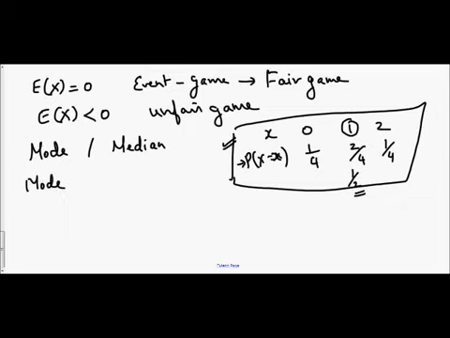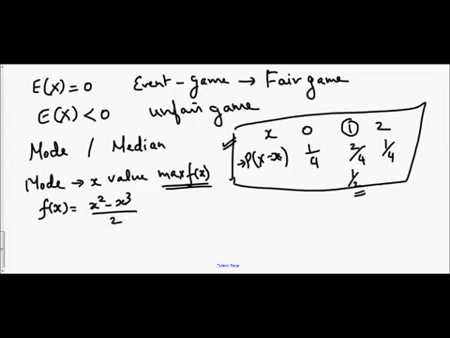In a continuous random variable, mode is the x value for the maximum value of f of x. If you find the maximum of f of x, then the corresponding x value gives you the mode. For example, for the same example that we have done just now, when f of x is equal to x square minus x cube over 2, and we assume the function is defined in this interval.